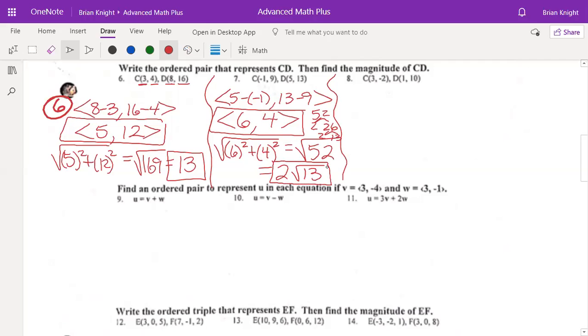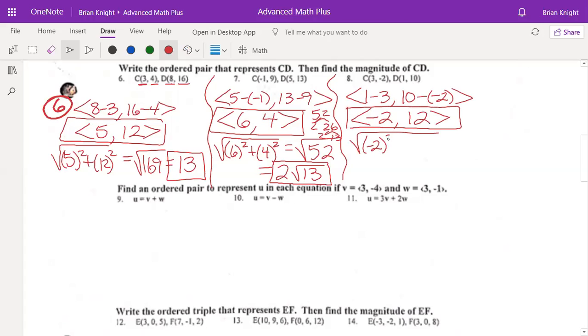8. 1 minus 3. 10 minus -2. So that would be -2 and 12 would be my vector. The square root of -2 squared plus 12 squared, 148. And I believe that also is reducible.